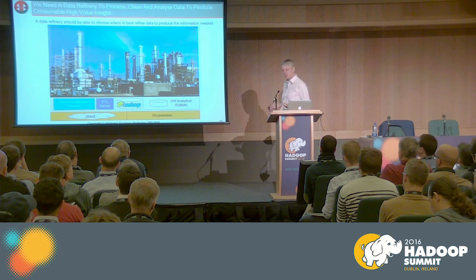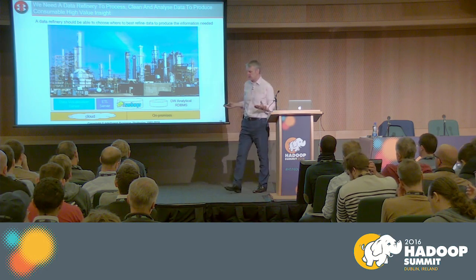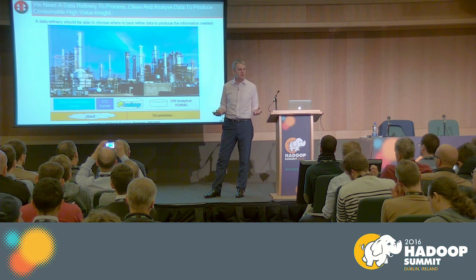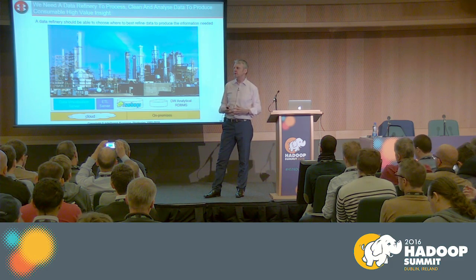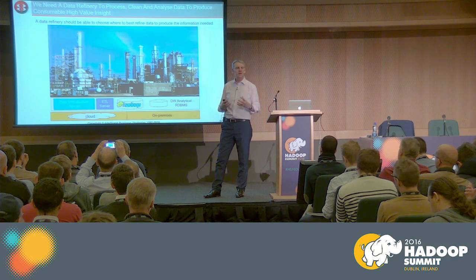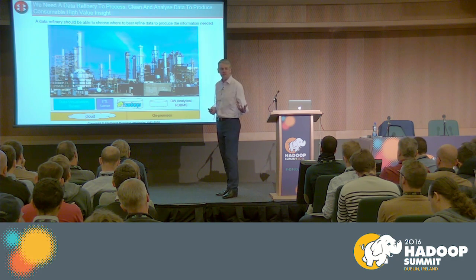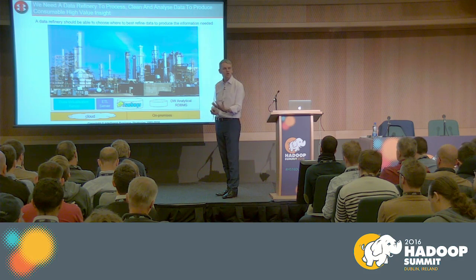It should choose. It's like a relational database takes queries and the optimizer chooses how to get you the data. What I think should happen here is that the data management software should have an optimizer and say, where is it best to process this data, and choose to do it.